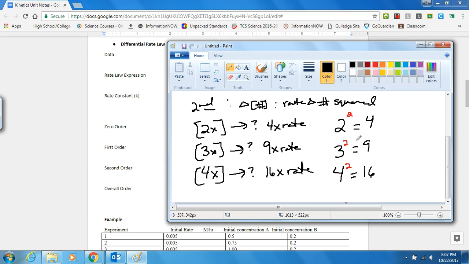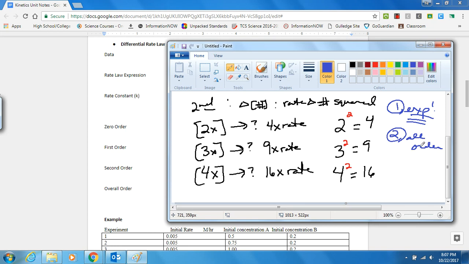Now, one thing that's very important to know when you're working with rates and trying to figure out the rate of a reaction: step 1, you have to do it experimentally. Okay? You cannot figure out the rate of a reaction without conducting an experiment. Secondly, all orders do not have to be 0, 1, or 2.